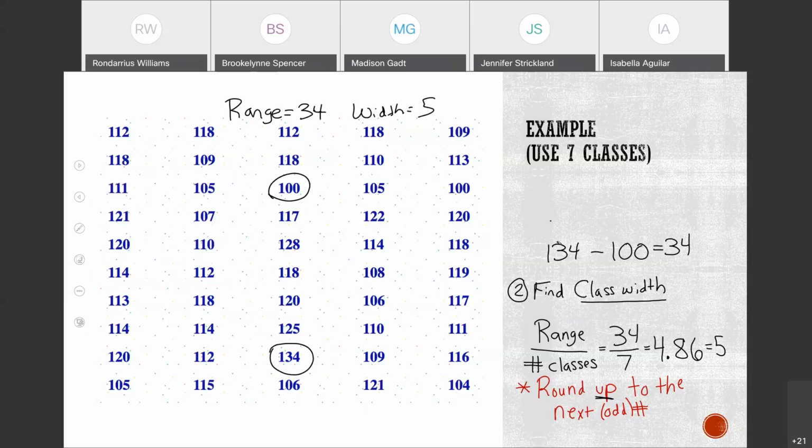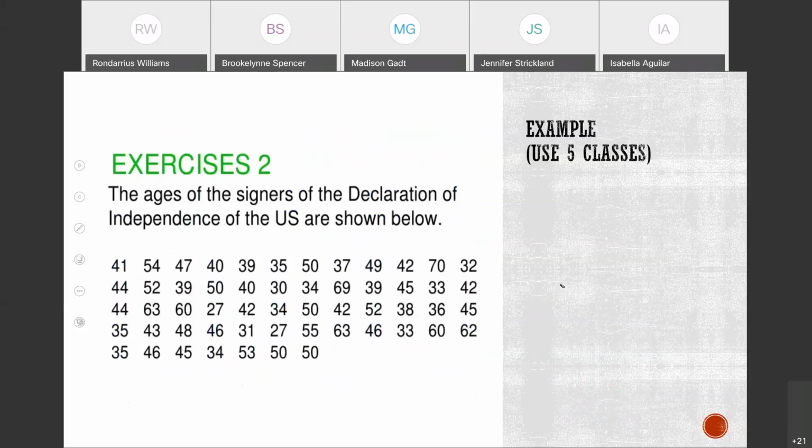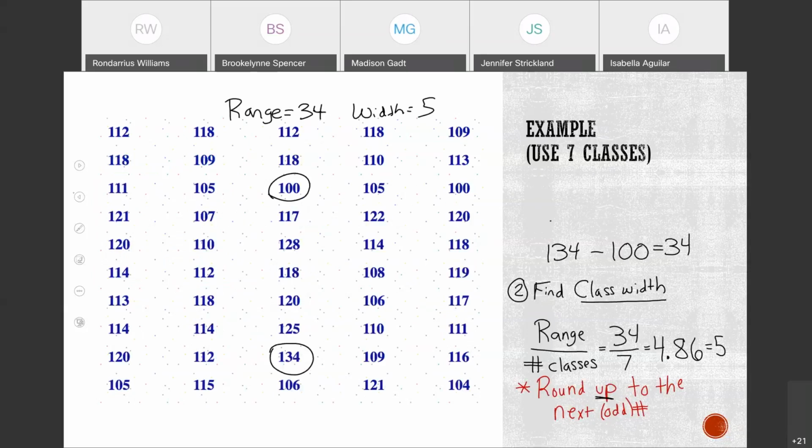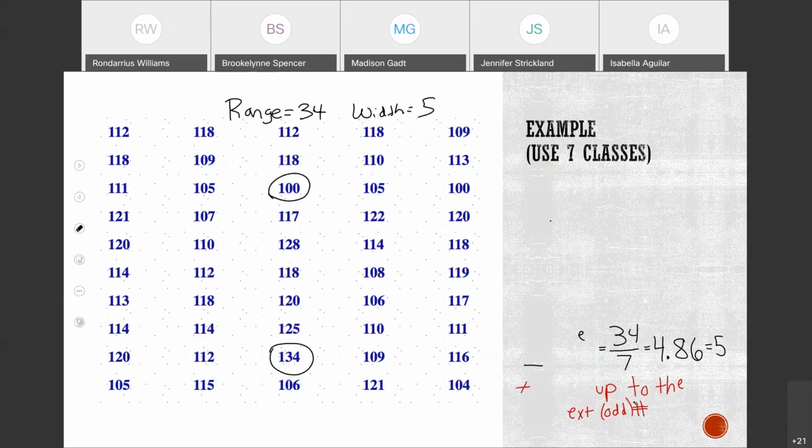So we were supposed to have columns for class boundaries, right? Frequency and cumulative frequency. So go ahead and set that up across the top.